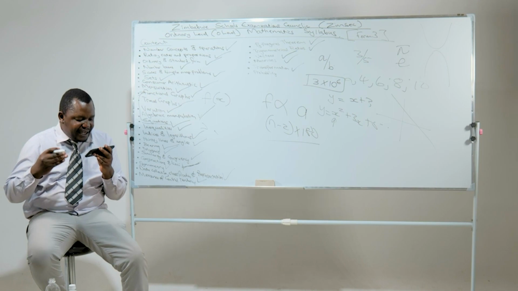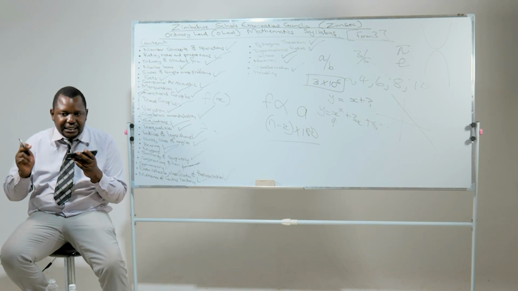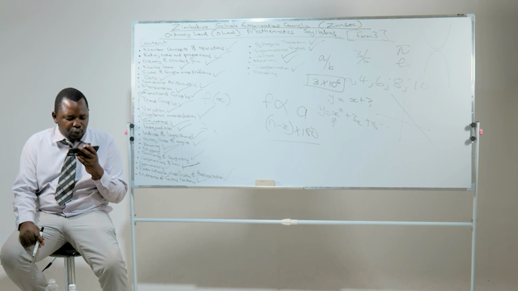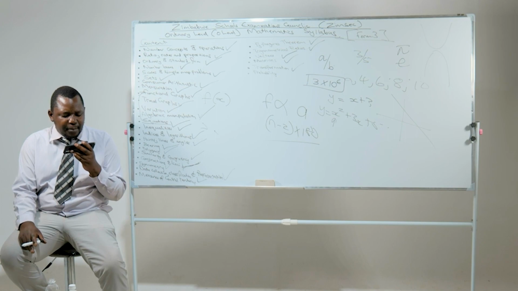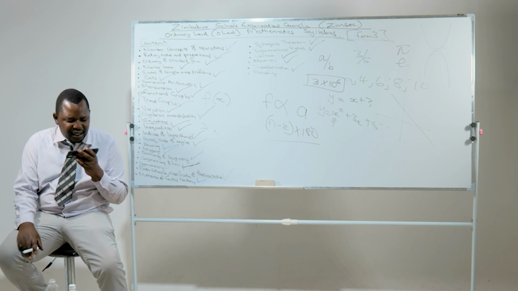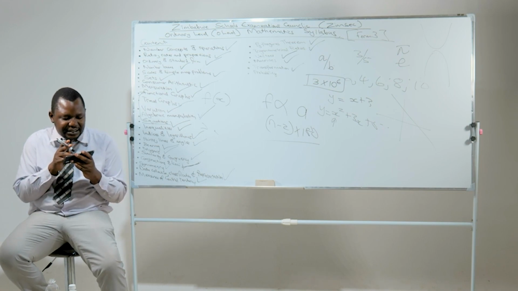We need to identify situations where experimental and theoretical probabilities are applied. We need to use probability rules to compute probabilities of single events. We need to solve problems that involve experimental and theoretical probabilities in life.